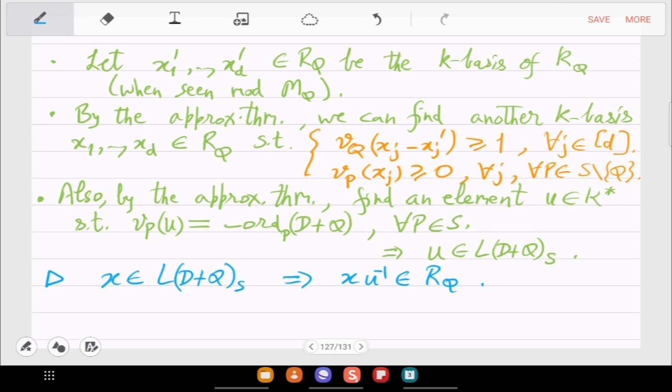Why is that true? Just look at the order. To show that it's in the ring R_Q, you have to look at the valuation with respect to Q of x u inverse. And what is that? Valuation of x minus valuation of u. Because x is in L d plus q, the valuation of x will be at least minus d and minus 1, right?